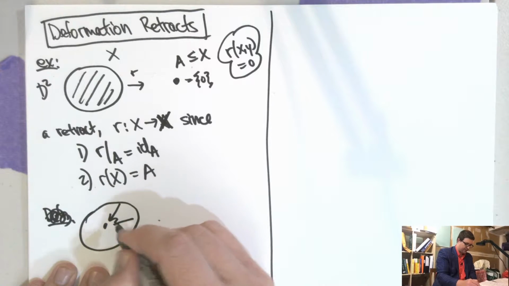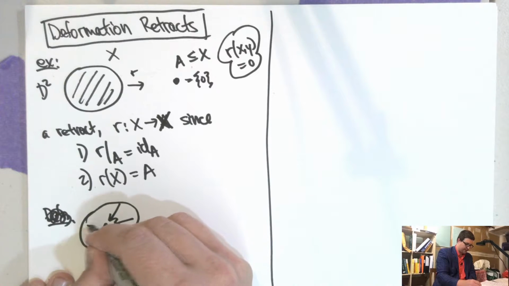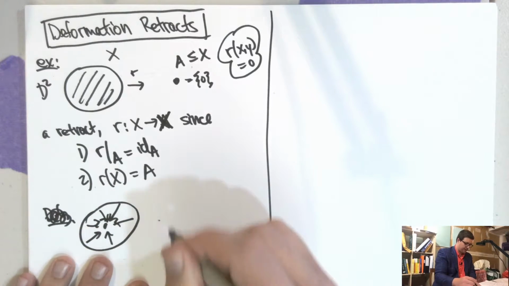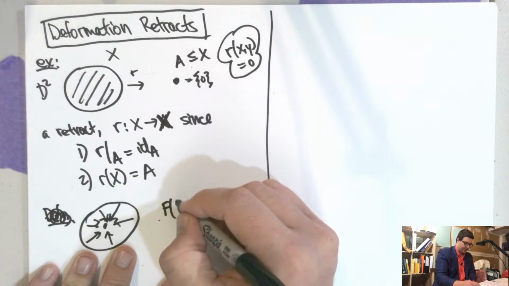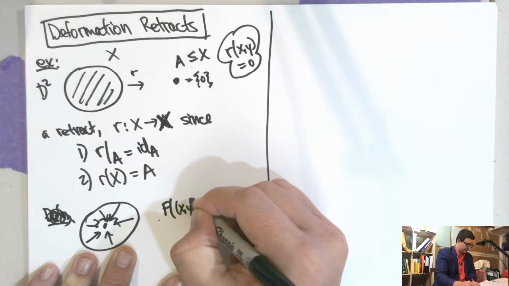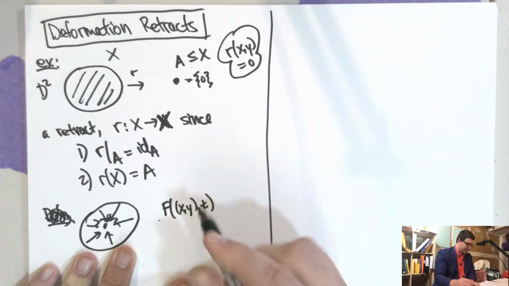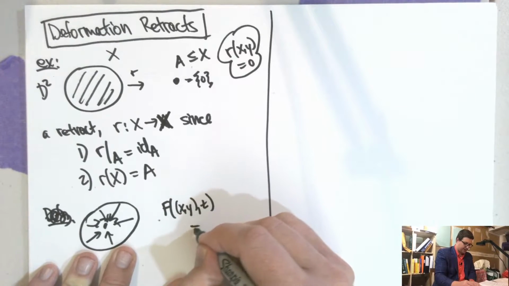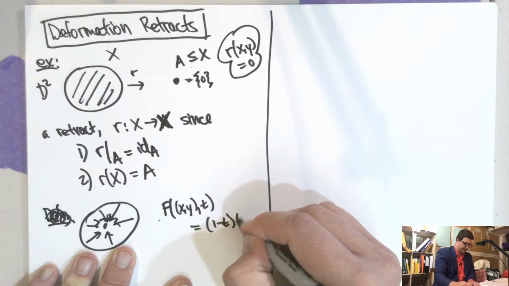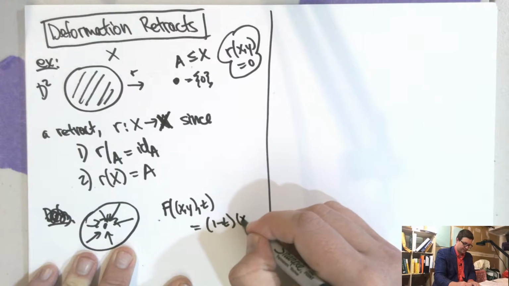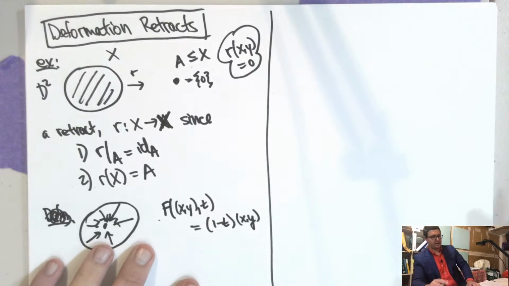If we go into our example, I can look at this map F of (x, y), t, where I'm putting t in the second component, and I could just write (1 minus t) times (x, y).